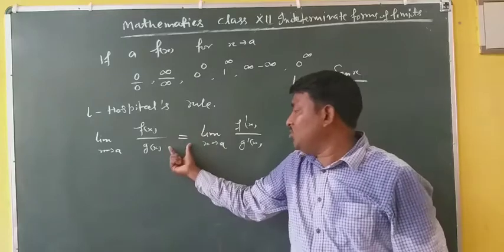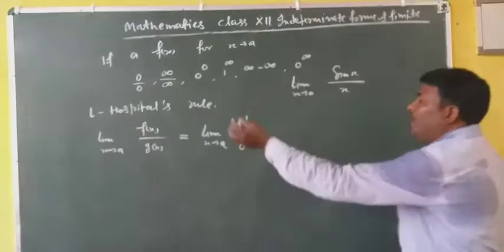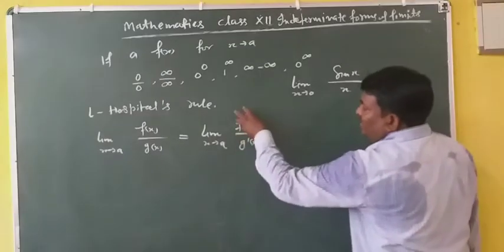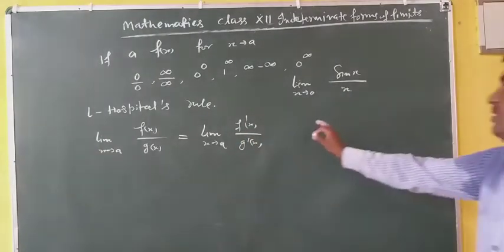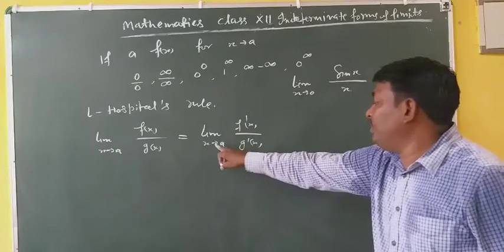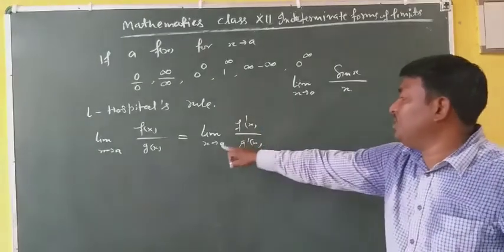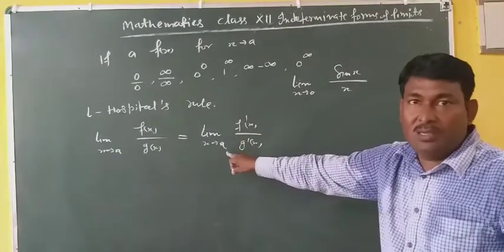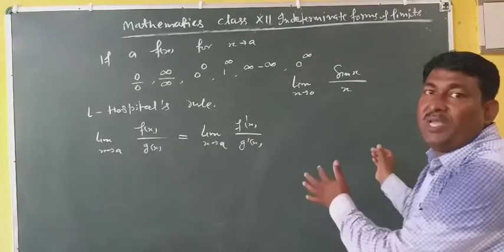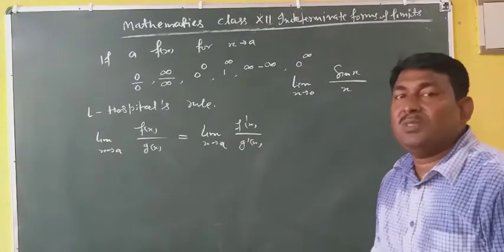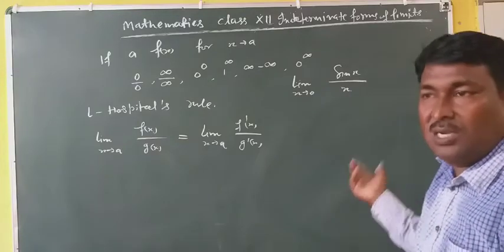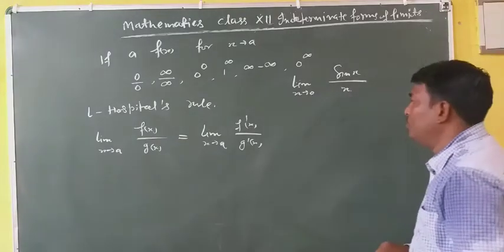According to this rule, what do you have to do? You have to differentiate the numerator and denominator separately. Thereafter, you check whether after differentiation, putting the value of x as a, you get a determinate value or not. If again you get an indeterminate form, then you can differentiate again and then put the values.